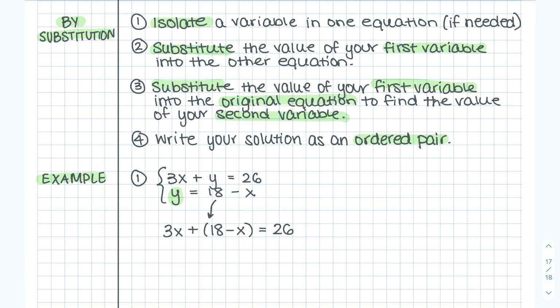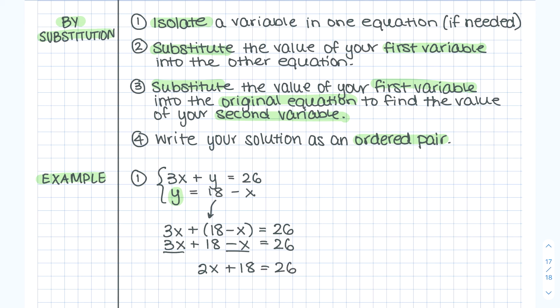So what this does is it makes my equation all with one variable instead of x and y, which makes it easier for me to solve. So let's see what's going on here. I'm just going to rewrite this again. 3x plus 18 minus x equals 26 because I don't need those parentheses there. Now I think I want to combine like terms. So 3x minus an x is 2x plus 18 equals 26.